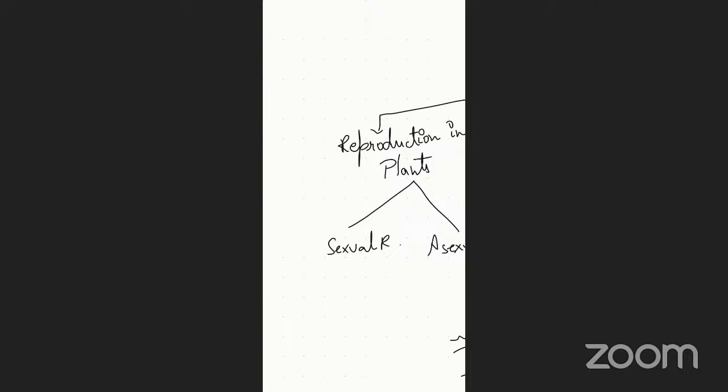Then we talked about the fertilization process. What happens in the fertilization process? When the sperm enters the egg, it fertilizes it, which leads to the fusion of them both, and the zygote is formed.